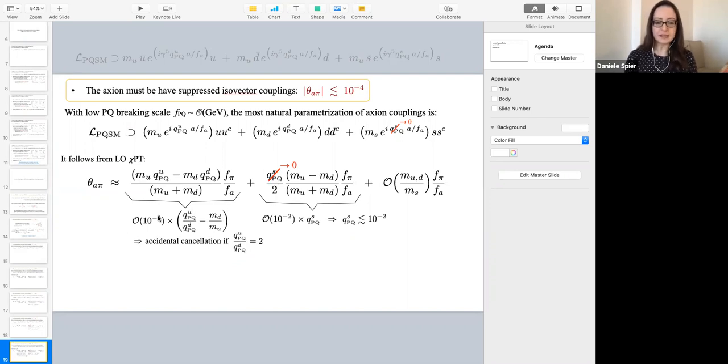But if you look at this expression here, you see that you get an accidental cancellation if you happen to have a model where the up quark PQ charge over the down quark PQ charge is 2. The reason you get this accidental cancellation is that there is a near numerical coincidence in the ratio of down quark mass to up quark mass of about 1/2.